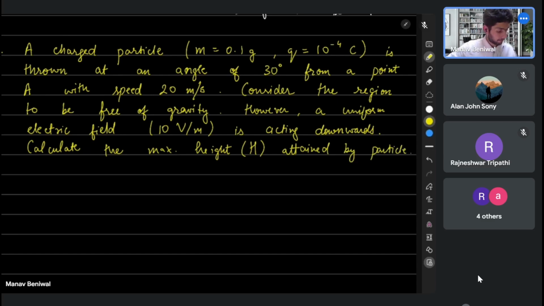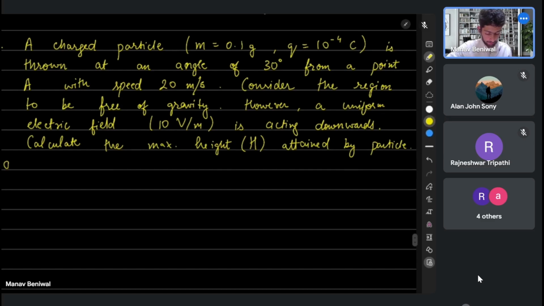Okay, I'll draw the figure. Let me also give you some options. A is 0 meters, B is 5 meters, C is 10 meters, and D is 12.5 meters. Now let me draw the figure.